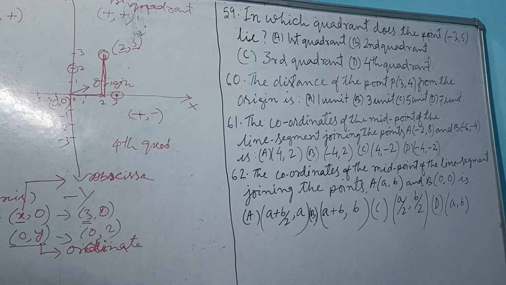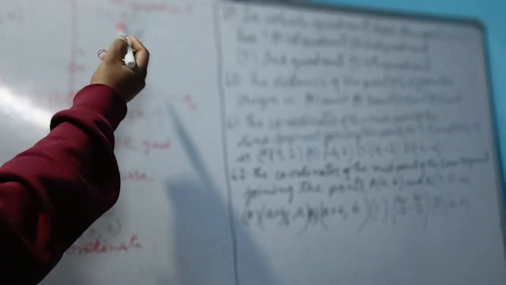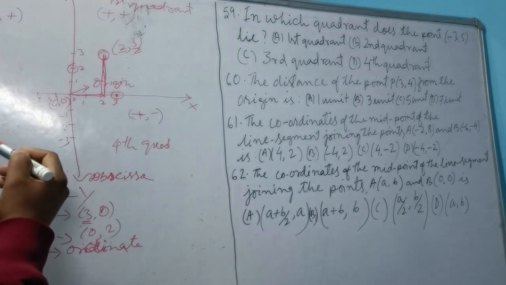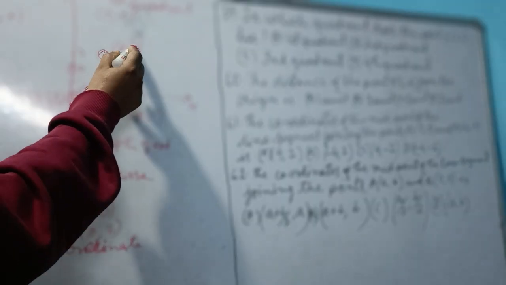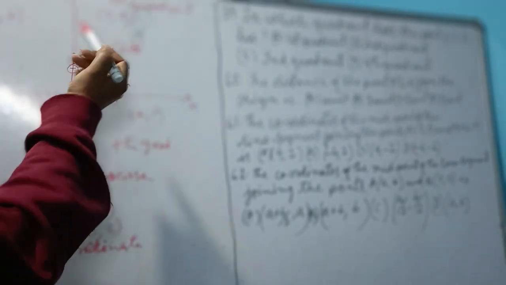Any point which lies on the x-axis should be in the form x, 0. Any point which lies on the y-axis should be in the form 0, y. And the distance of any point from the x-axis is the ordinate, y.